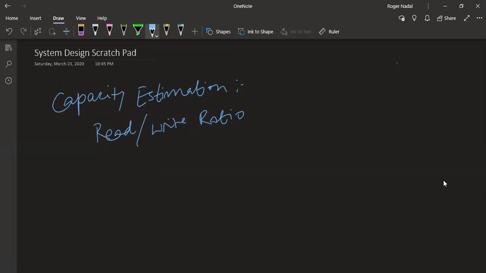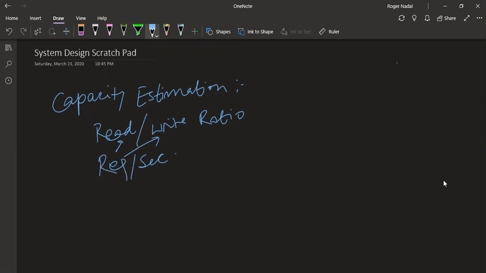But yeah, read write ratio, and then your requests are coming to your servers. So how many requests per second can you handle, right? Request per second, how would you know? It could be of read or write type. Depending on that, you will have to think how to design.